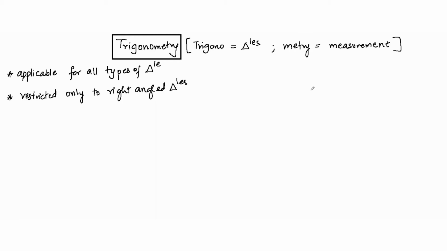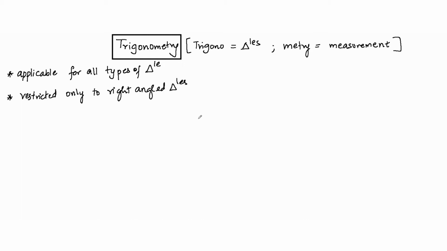Sailors in the sea definitely use trigonometry to calculate the distances between their own ship and other ships, or the distance between them and the coast. So trigonometry has a wide range of applications in many fields.